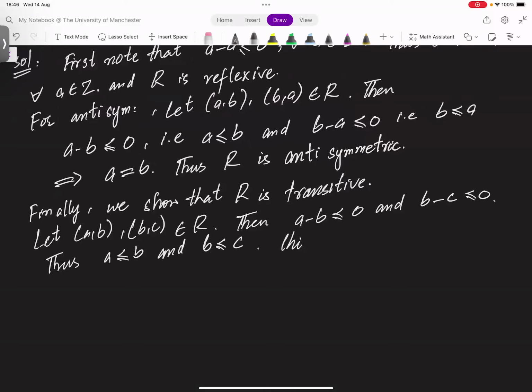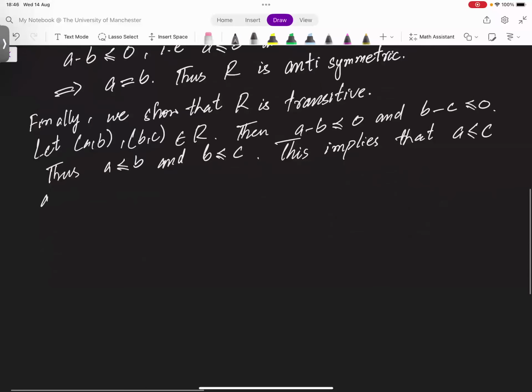This implies clearly that a is less than or equal to c. And so a minus c is less than or equal to 0.